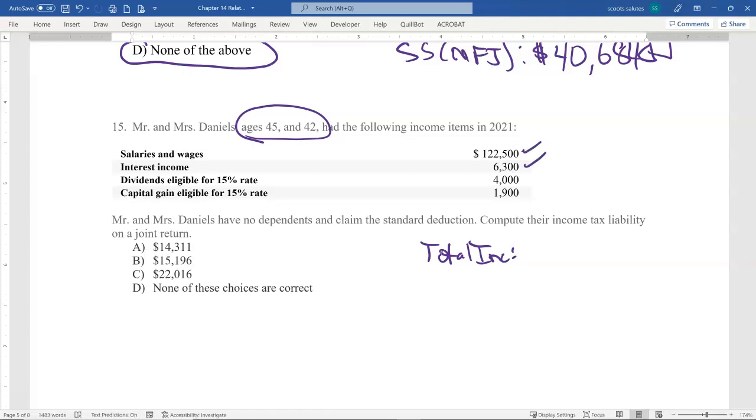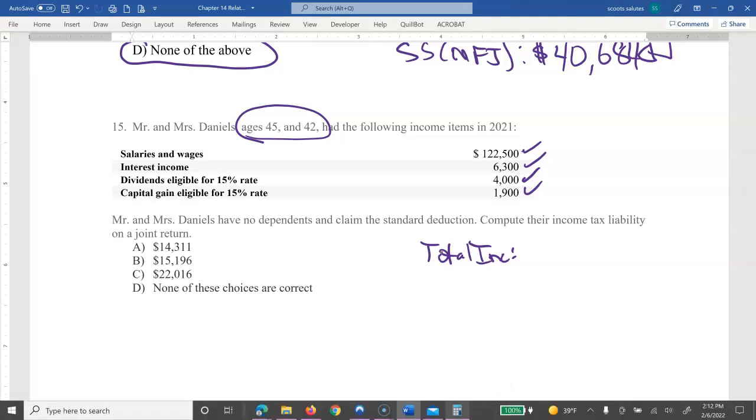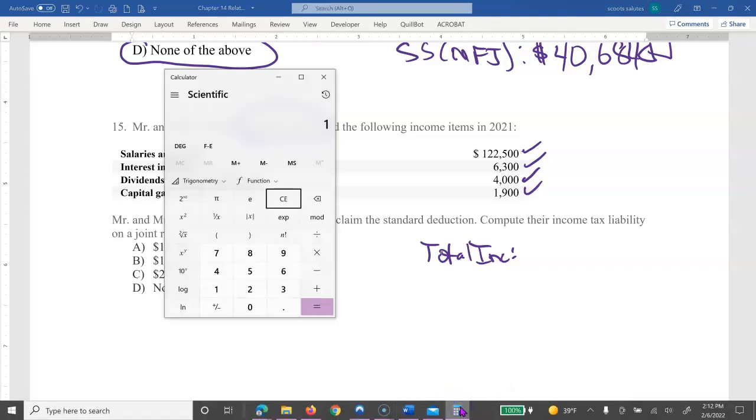I know they mentioned these rates, and that's going to make a difference when we calculate the tax. But for total income, you just keep adding those in. So it's all of those things added together: the $122,500 plus the $6,300 plus the $4,000 plus the $1,900. So if we want to walk through that together.